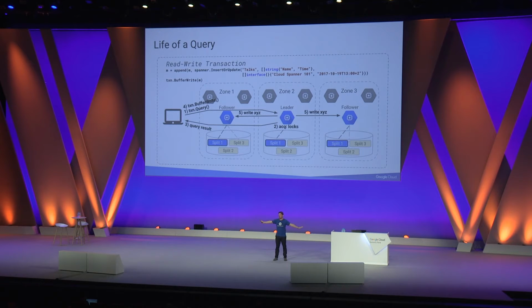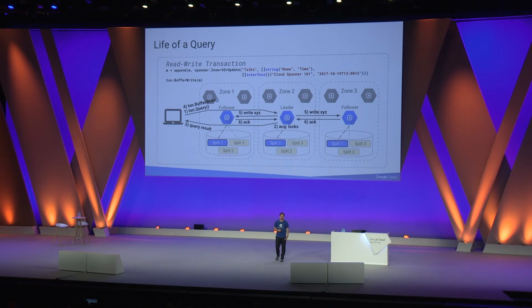And the leader at that time sends out the write requests of this new data to the followers, or the replicas. And as soon as a quorum, so the majority of that Paxos group, responds with, yes, I have written that data, we can respond to the client and say your transaction has been successful, and we can release the locks.